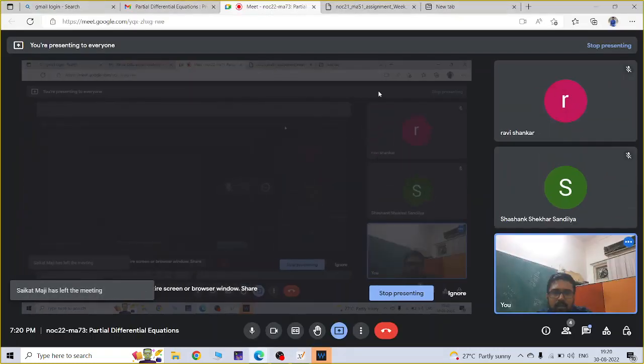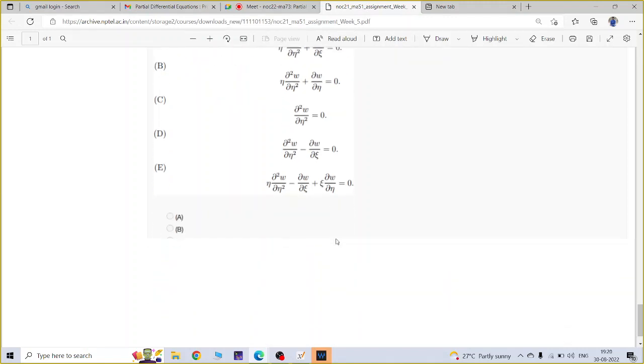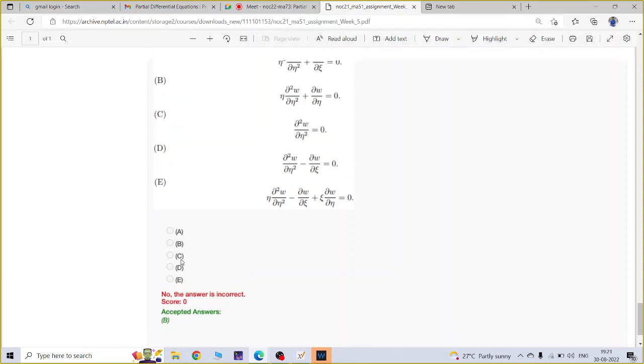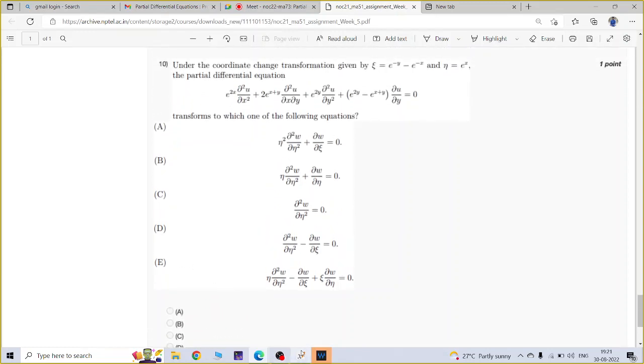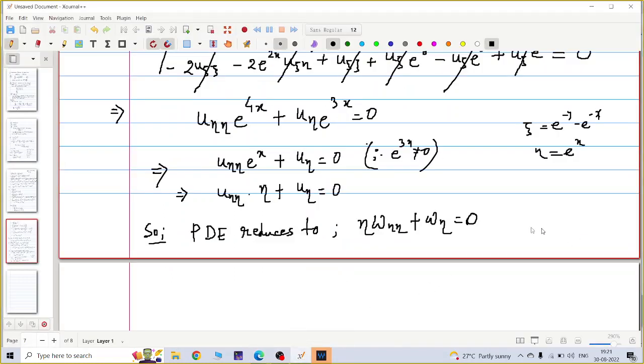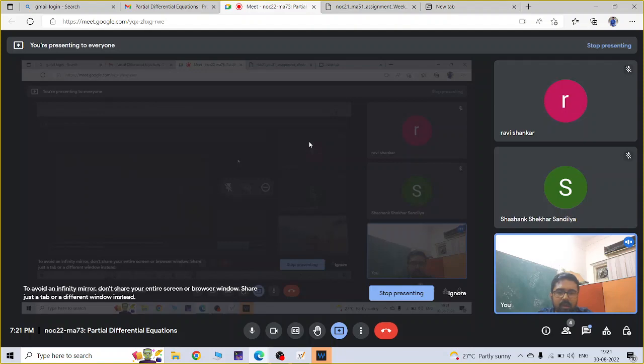The options are del 2 w by del eta 2 plus del w by del eta equal to 0. Option B. Just check, the accepted answer is B. So is it okay? Option B. Any question? Shashank and Modo, is this okay? This problem?